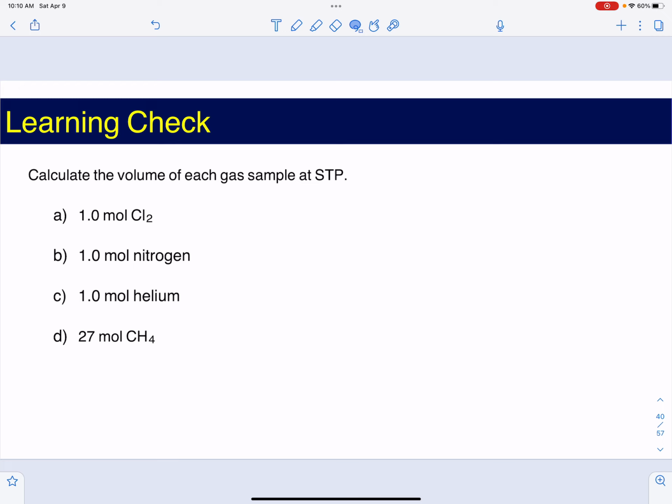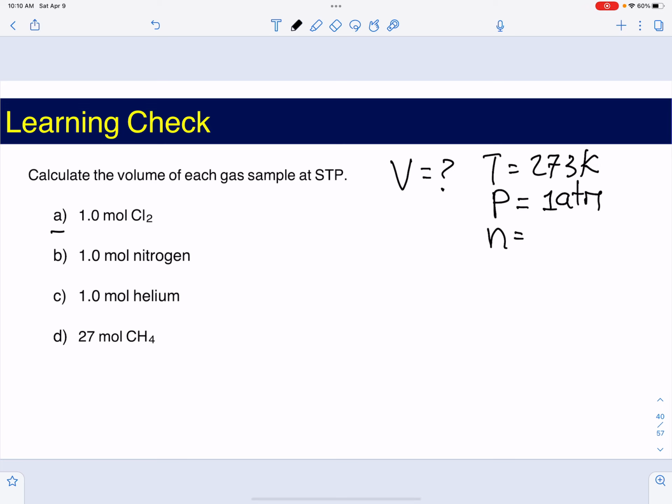It's telling us find the volume when the temperature equals 273 Kelvin, the pressure equals 1 atmosphere, and for the first one, the moles equals 1.0 mole.